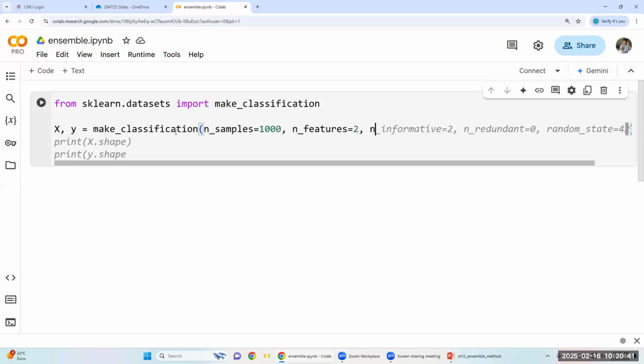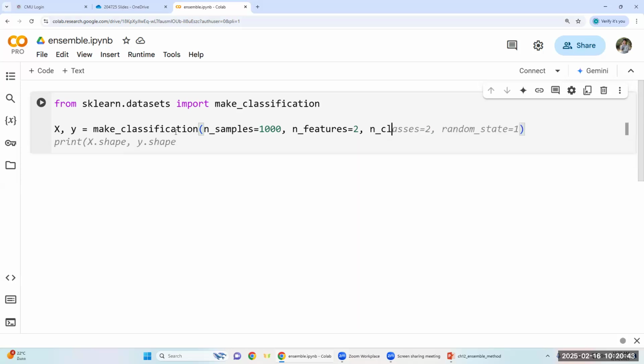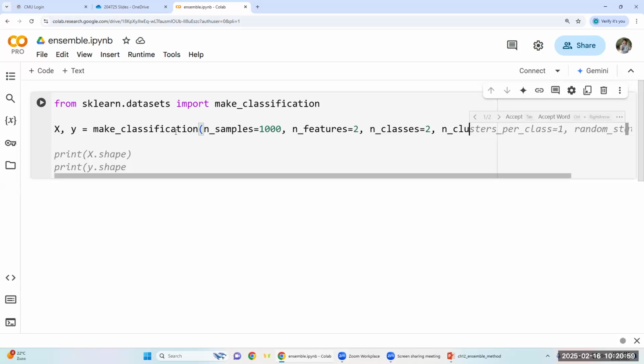And then we pick the number of classes. Let's say we have two classes. And then to make the example more complex, we can pick the clusters. It's going to be n_clusters_per_class.